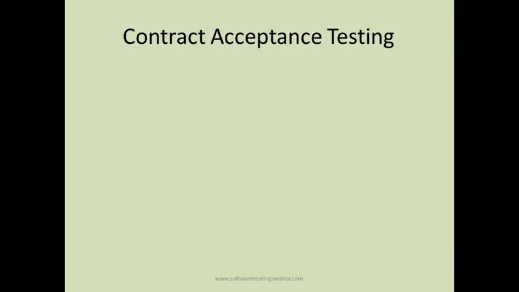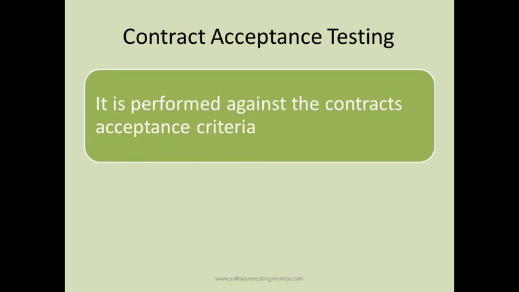Then contract acceptance testing. It is performed against the contract's acceptance criteria. The contract is defined in the beginning, when a client signs a deal with an organization for developing software or implementing any application.